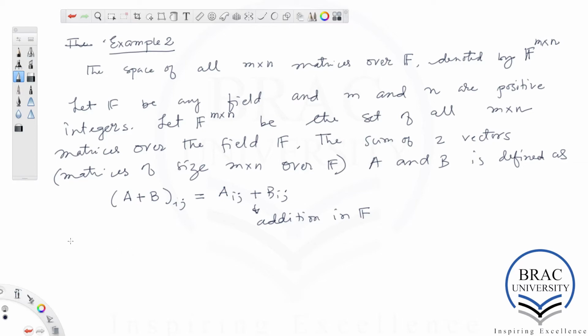So I have a scalar C, and I multiply this scalar with this vector A, which is of course a matrix of size m times n, with the entries taking their values in the field F. So C times A is a new matrix, and the ijth entry of that matrix is given by C times the ijth entry of the matrix A, and this multiplication is again in F.